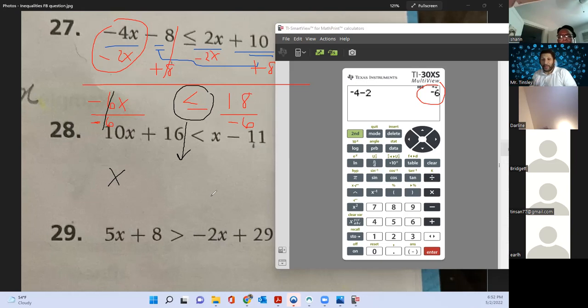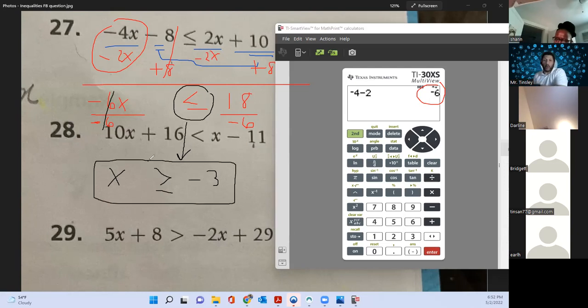If you multiply or divide by a negative number, you must change the inequality. So your less than or equal to now becomes greater than or equal to -3. This is why most people get inequalities wrong on their exam, because they don't switch the inequality.